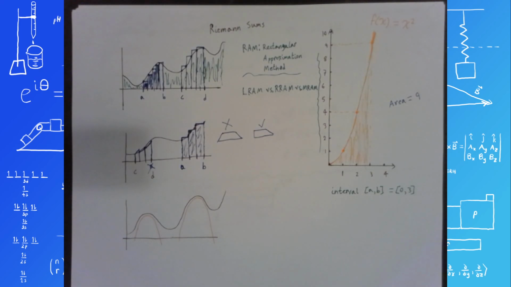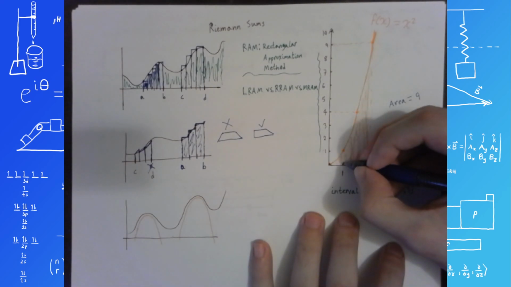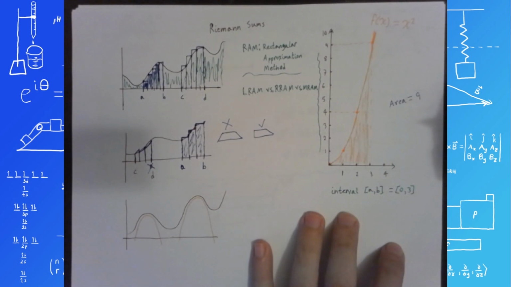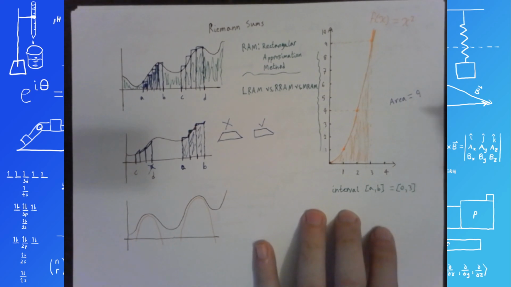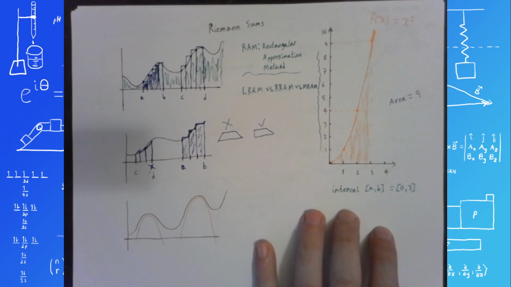Let's use the midpoint rule for this to try and approximate this area. So I'm going to cut this into 3 rectangles because we don't have all day. Well, actually, let me ask first.